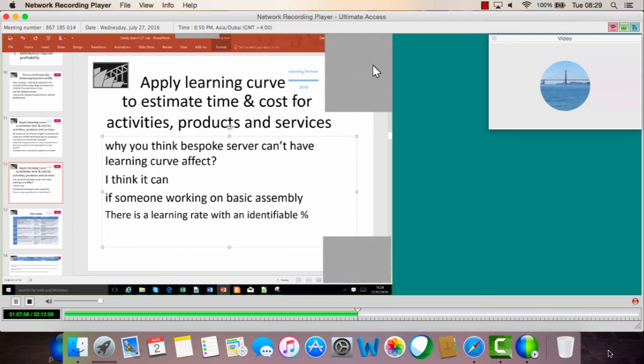So I would fully expect to see a learning rate on the basic assembly of bespoke and the generic servers, which will be very similar. The basic assembly can be quicker and just as good the more proficient a member of staff is.